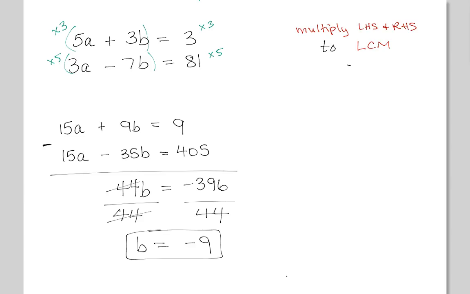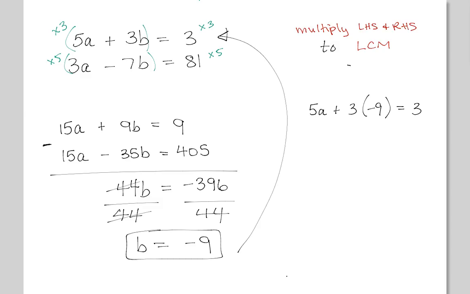Once you know B is negative 9, go sub it into one of them. Pretty sure I chose the harder one. So let's try the easier one. Try the top one. 5a plus 3b, but b is negative 9, equals 3.